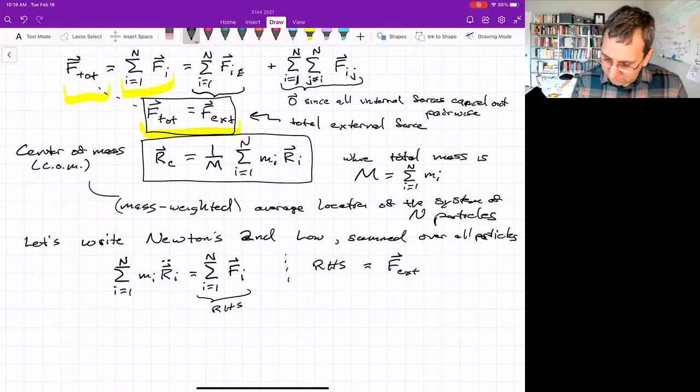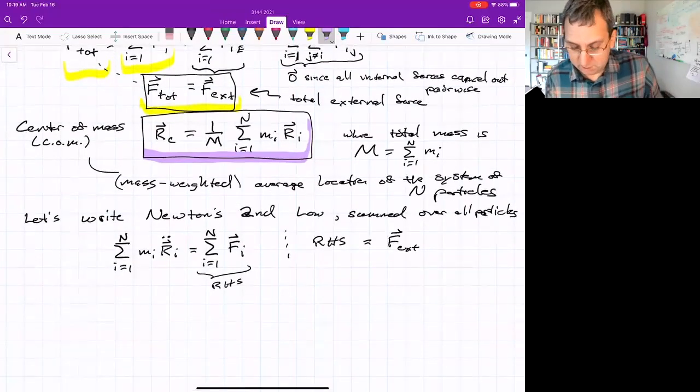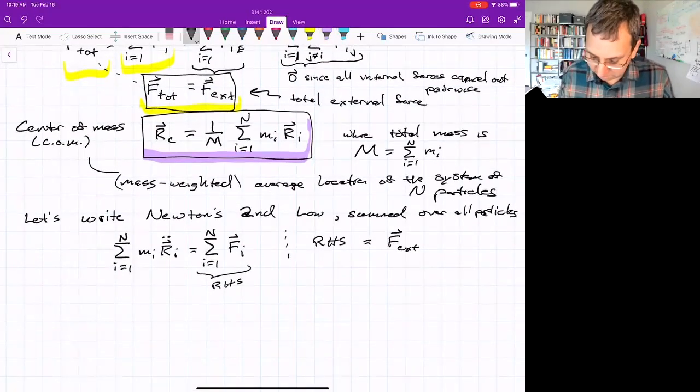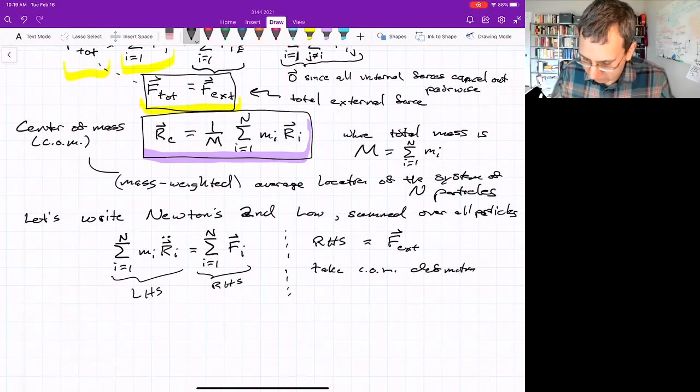Well, if you look at how we've defined the center of mass here, this purple thing, take the sum. Well, we're just rewriting that. So for the left-hand side, take the center of mass definition and just rewrite it. Move capital M to the other side.